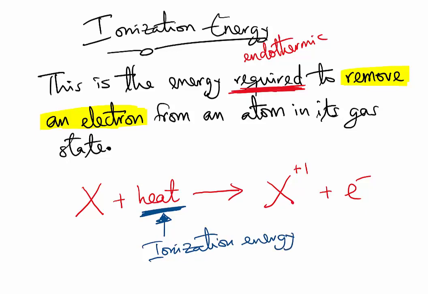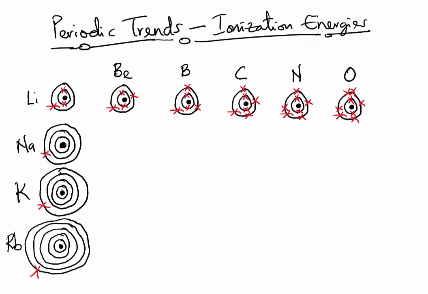Let us now take a look at how this property varies in the periodic table. Let us first focus on elements in the same group: lithium, sodium, potassium, rubidium. Each of them has only one electron in the outermost energy level.